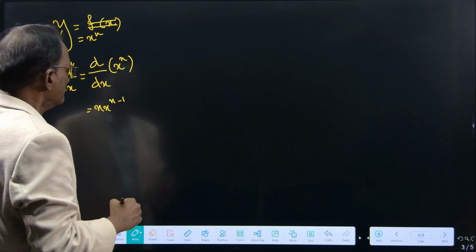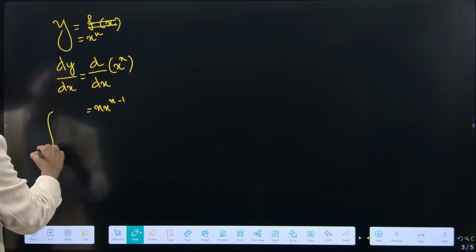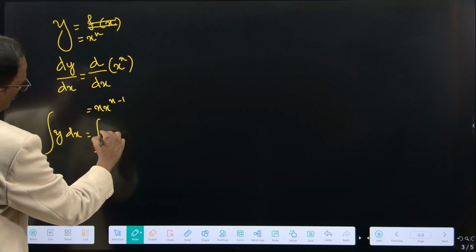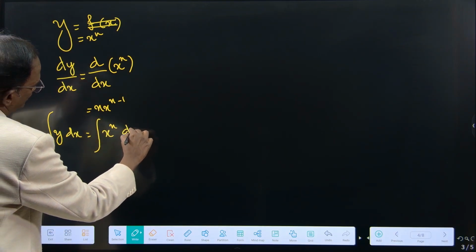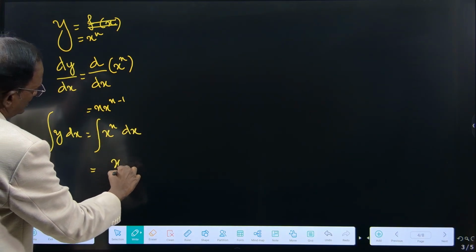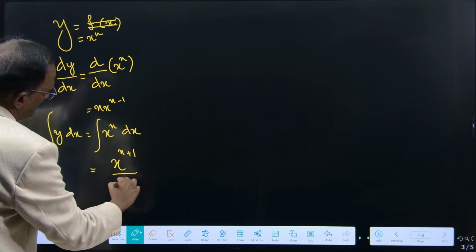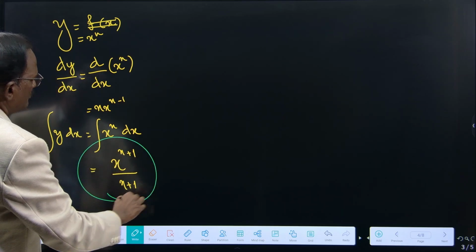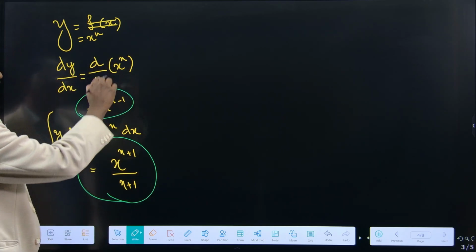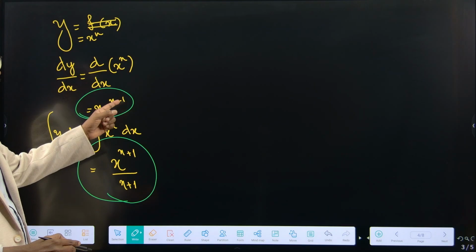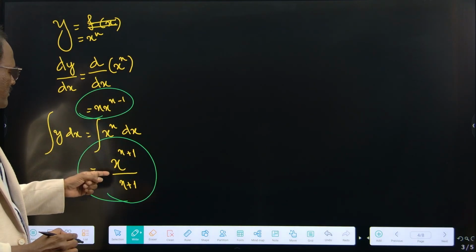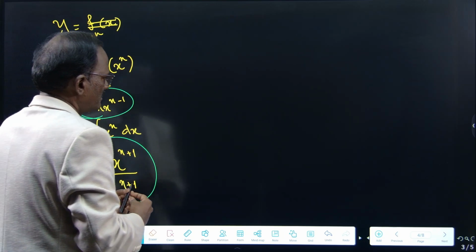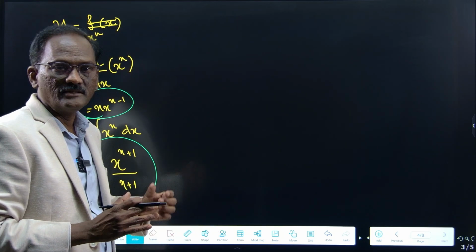This is a formula. For integration, y dx is equal to integral of x power n dx, which is equal to x power n plus 1 divided by n plus 1. In all mathematics books, you will be seeing these formulas. For differentiation of x power n, x power n minus 1; integration of x power n, x power n plus 1 divided by n plus 1. This is how I will remember these two formulas.